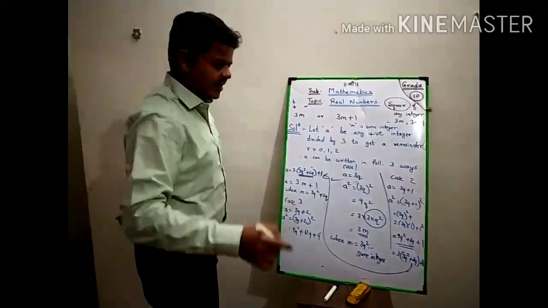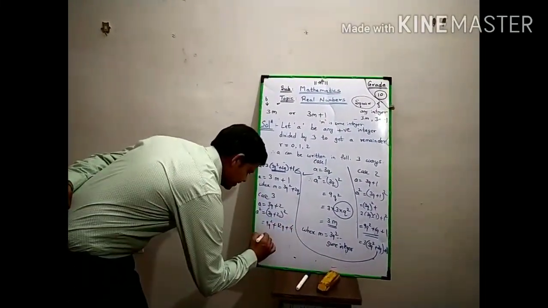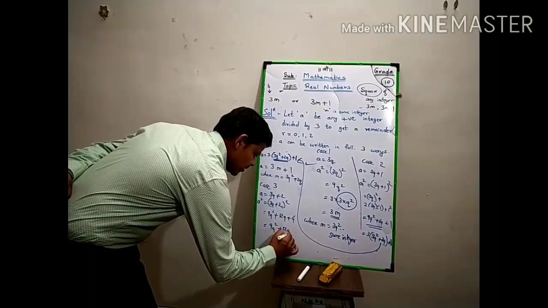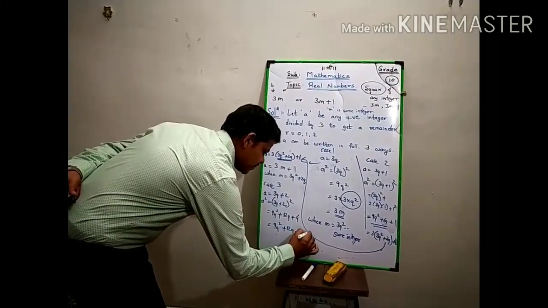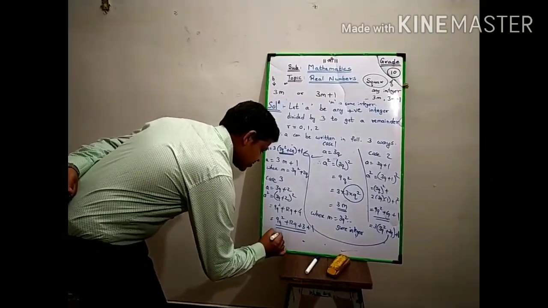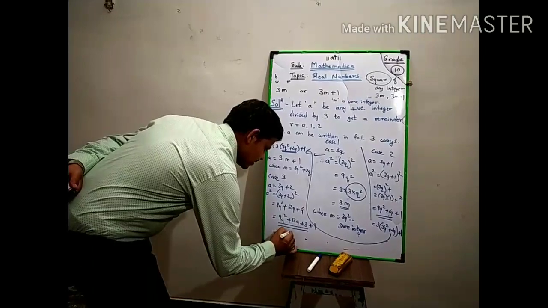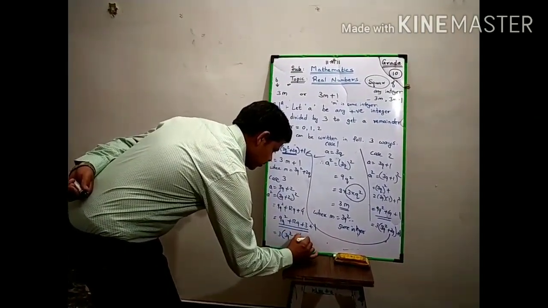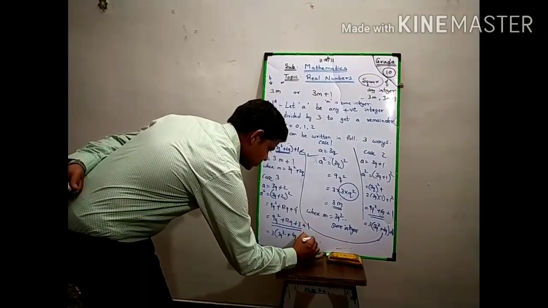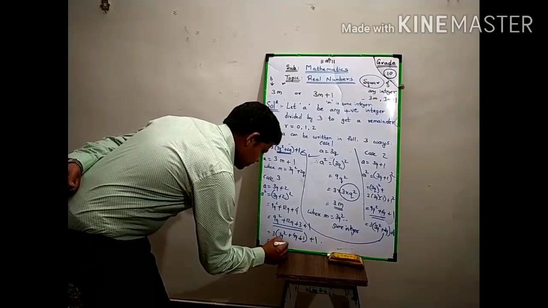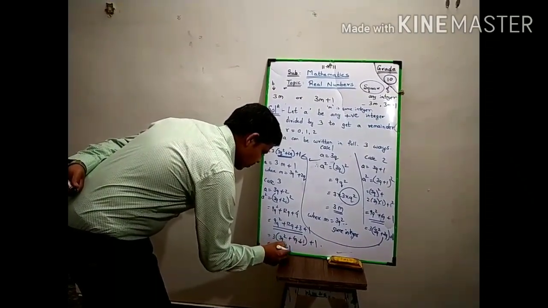Very intelligently, we'll write this as 9q square plus 12q plus 3 plus 1. From all this, 3 is common. What remains? 3q square plus 4q plus 1, and this plus 1 is outside the bracket. That is 3m plus 1.